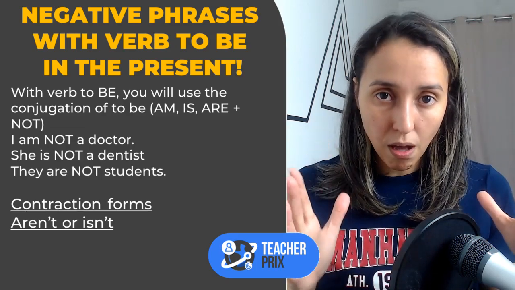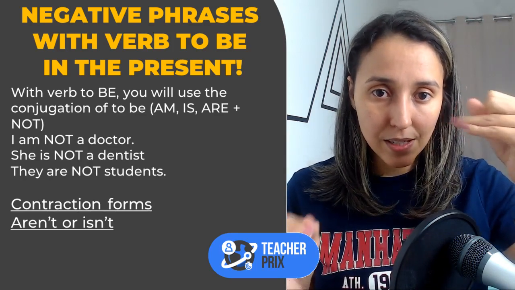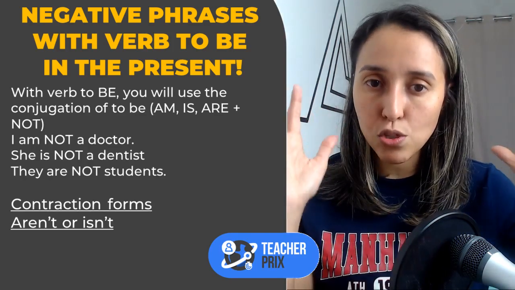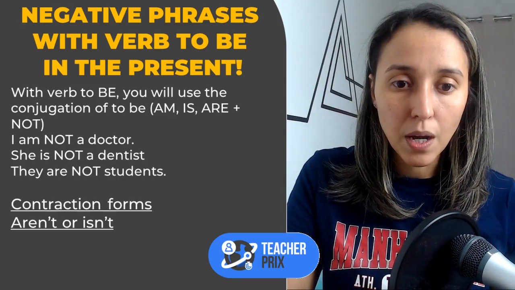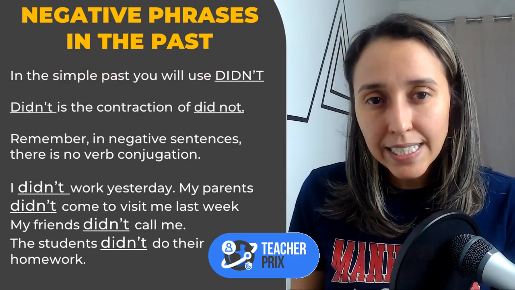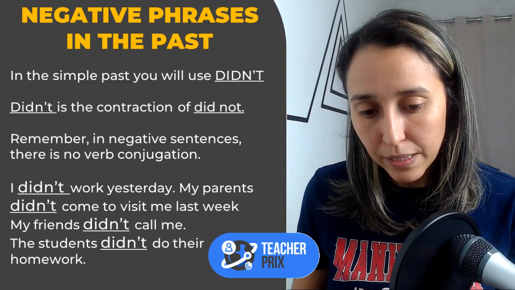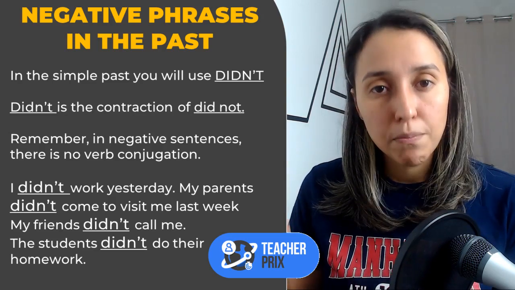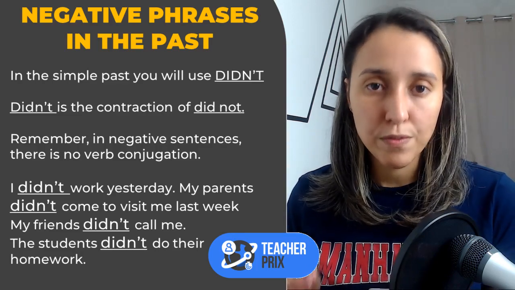So here you saw negative phrases in the present with don't and doesn't, and now with verb to be, because to be is very specific, okay? Moving on. Now we can focus on negative phrases in the past, because remember, I told you in the beginning of this lesson, to make negative phrases in English, you need auxiliary verbs.